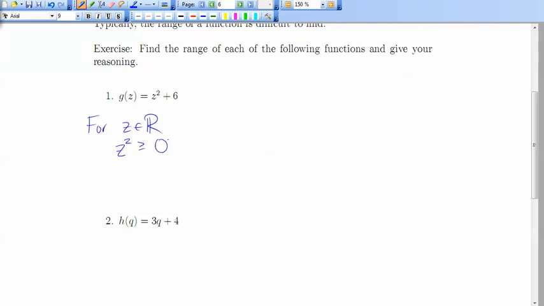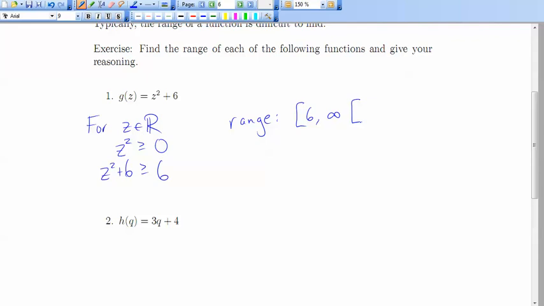When you square a real number, the result is always non-negative. So then, if I add 6 to that, I always end up with a number greater than or equal to 6. Okay? So that tells me that the range of this function is going to be all real numbers greater than or equal to 6. No matter what z you plug into that, your final calculated value will always be at least 6.